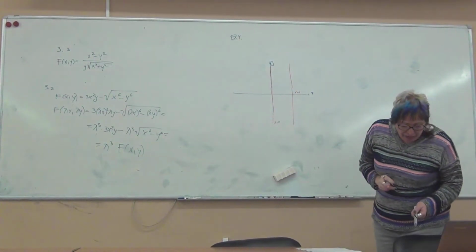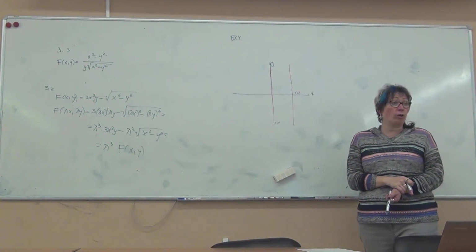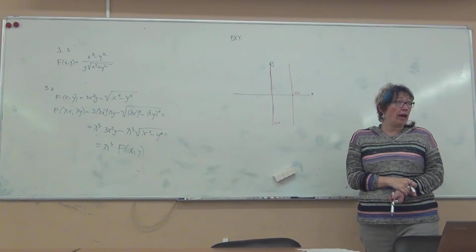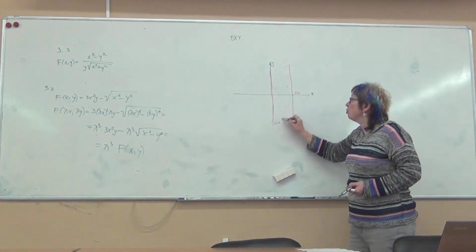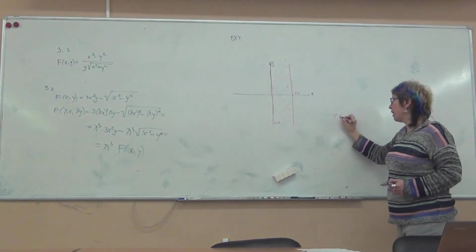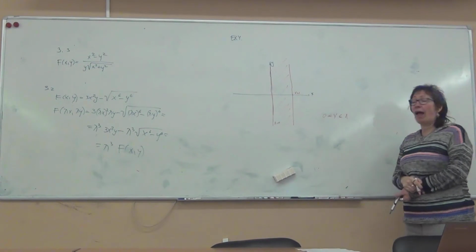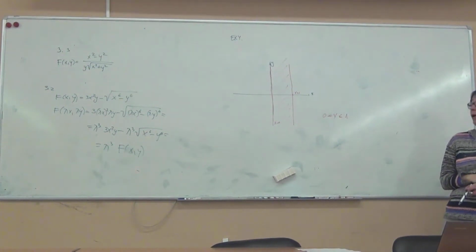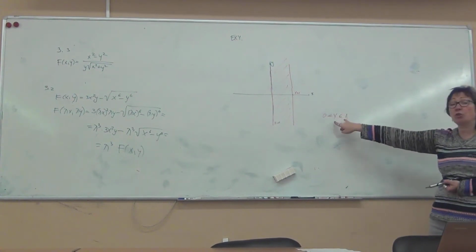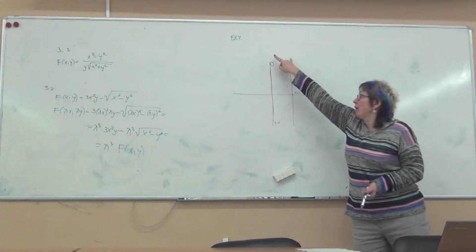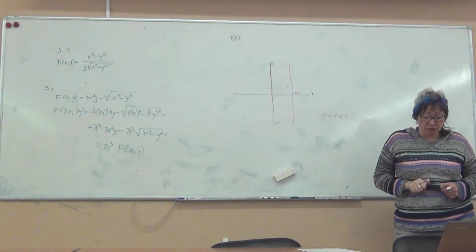And if I say x has to be between 0 and 1 for all points of the domain, I have to say that all points of the domain have to be between these two lines. If x has to be greater than or equal to 0 and at the same time less than or equal to 1, obviously, the points of the plane corresponding to this inequality are these points between those two parallel vertical lines.